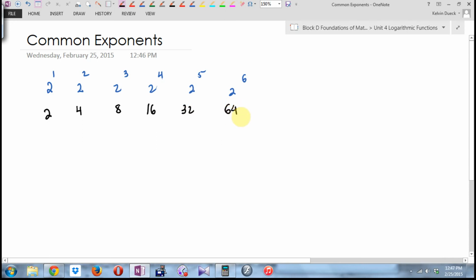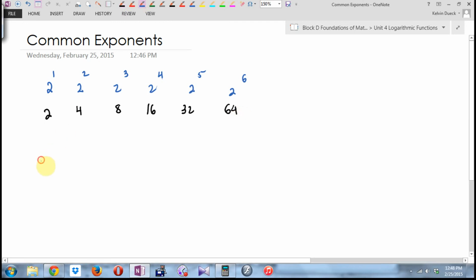What comes after 64? 128, then 256, 512, 1024, 2048, 4096, 8192, 16384. You keep going. Those ones, what I mean by memorize is, if you see a 32, you should say, hey, I know that's 2 to something. And then you can kind of guess on your calculator. But if you don't know that it's 2 to something, you'll never be able to guess on your calculator.